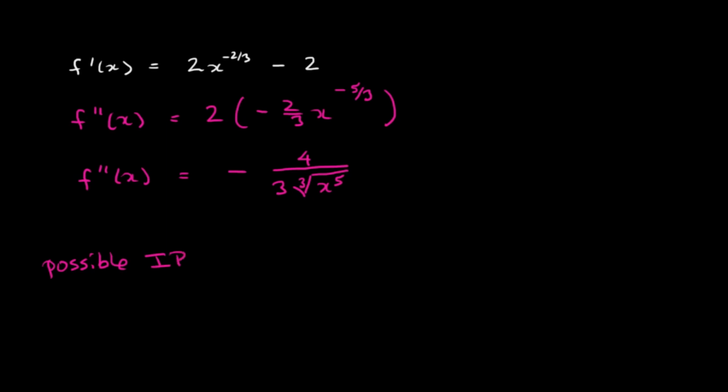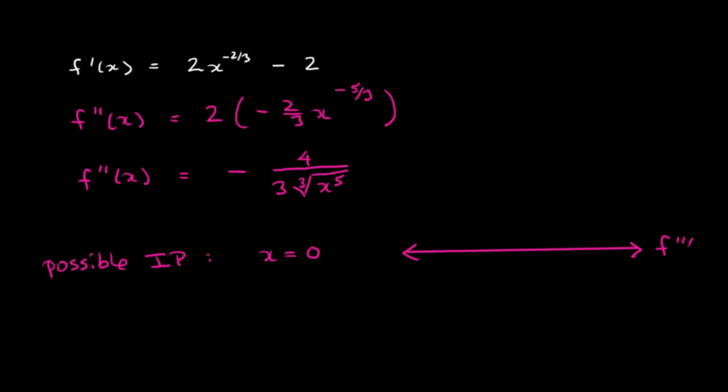So the only possible inflection point, possible IP, is going to happen at x equals 0, that origin again, where I'm 100% convinced that it's a vertical tangent. So it's possible that we have a change in our concavity there as well, but of course we have to confirm that with a sign diagram, because a lot of vertical tangents actually change concavity.